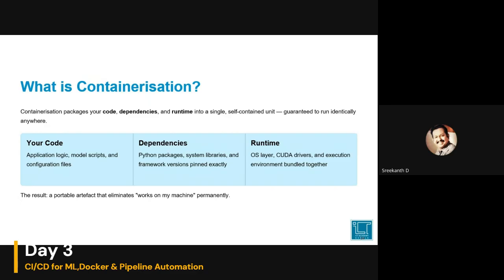This eliminates the environment drift permanently. So containerization is that simple, right? We will have our code, dependencies, maybe drivers, runtime, OS layer, and everything there in that particular container, right?